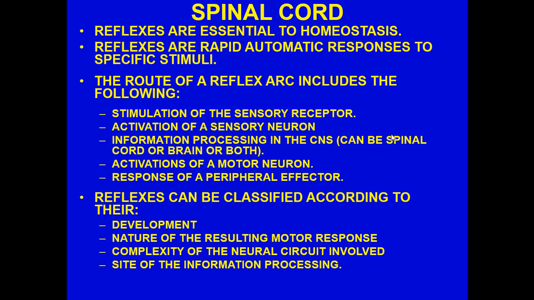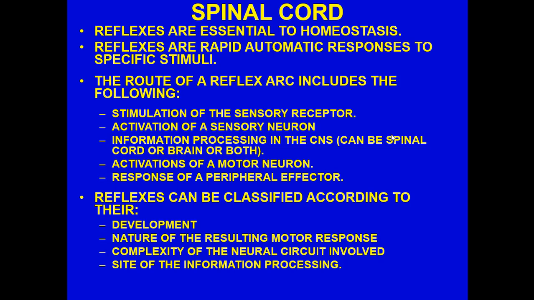From there, the CNS will send out activations of a motor neuron. They will send out motor action potentials down efferent pathways, and you will generate a response of a peripheral effector. That could be a muscle, that could be a gland, that could be my heart races, that could be I jump up and down on one leg because the other leg I hurt by stepping on that tack. Okay?